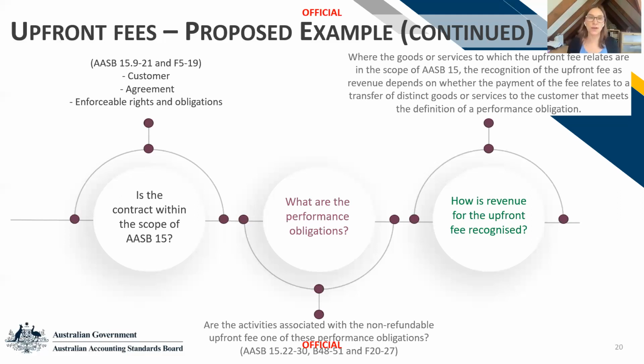And what we do is we recognise that upfront fee revenue over the life of the service that we are providing. It's not the case all the time, but certainly is the case in many times. So that example hopefully works you through a little bit more of a process in how to deal with upfront fees. So that was all I'm going to talk to you about today.